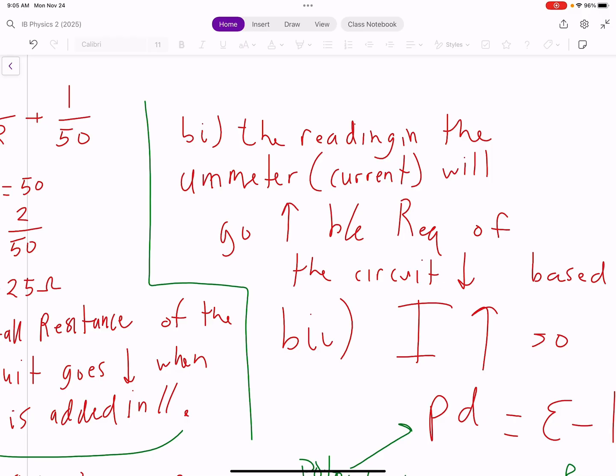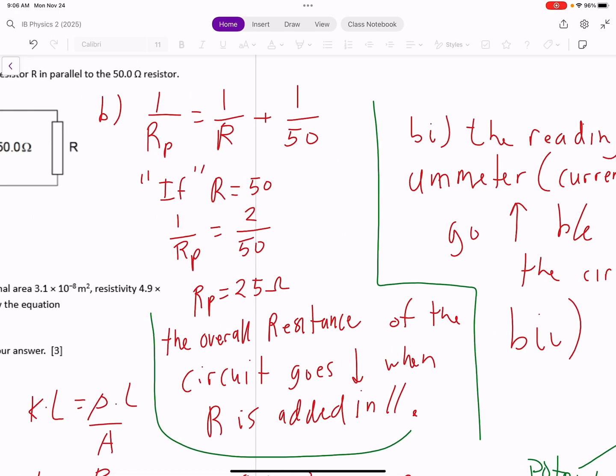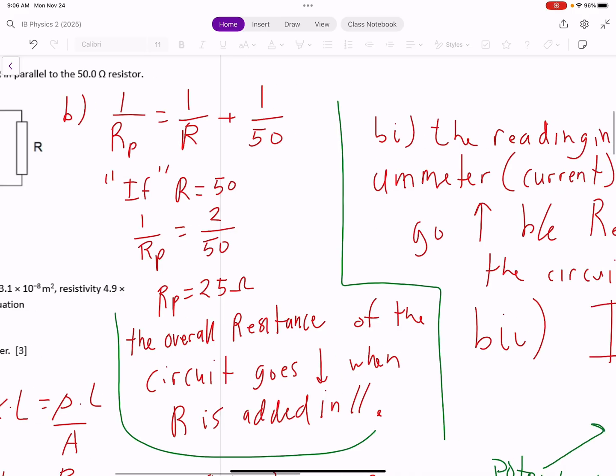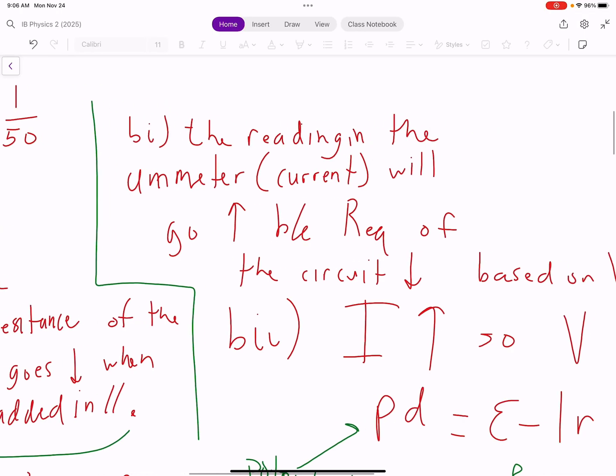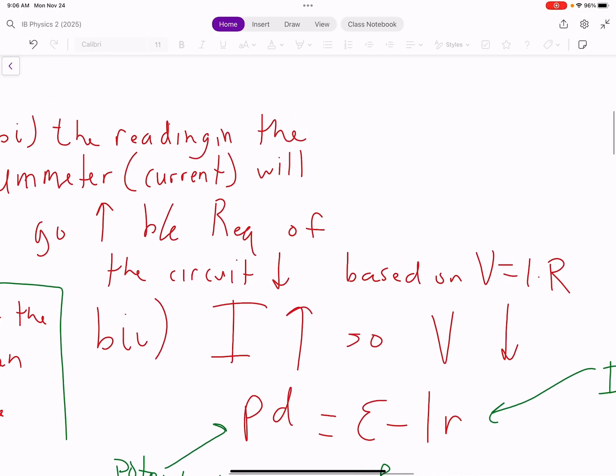But this is not the case, because when you add more resistors, it draws more current from the battery and the overall resistance of the circuit goes down, and that's seen with our equation. Maybe students don't know that right away from looking at the equation, but that's what the equation tells us. So the equivalent resistance goes down and the circuit current goes up. And this is all based on V equals IR.